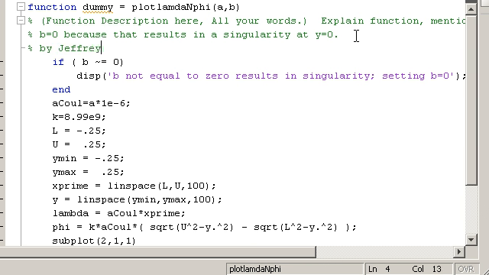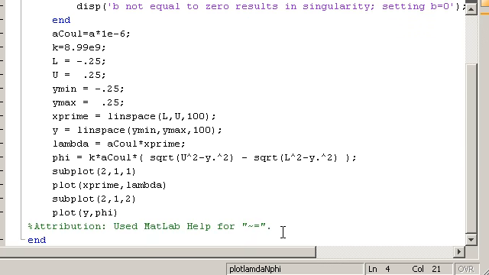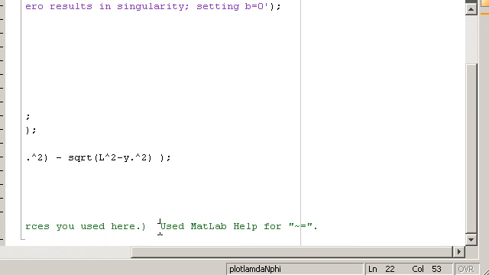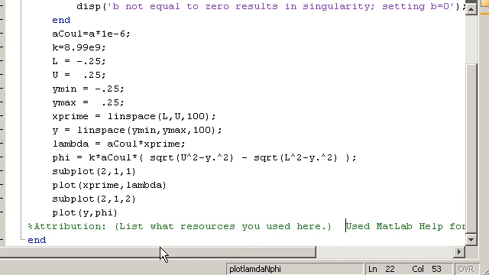By attribution. List, I don't know. Technically, if you're using MATLAB help, it's not really necessary to put that down as a resource.